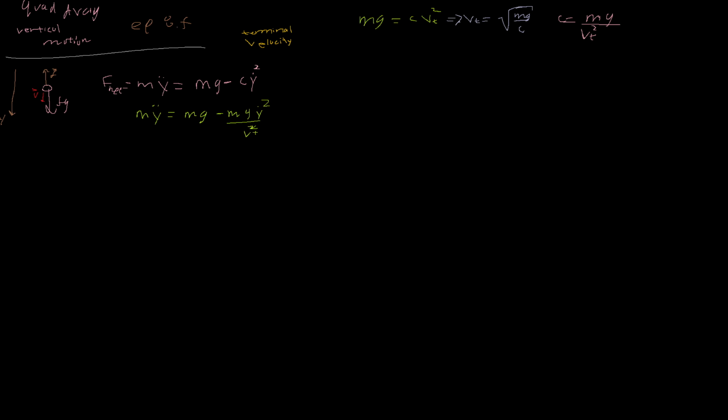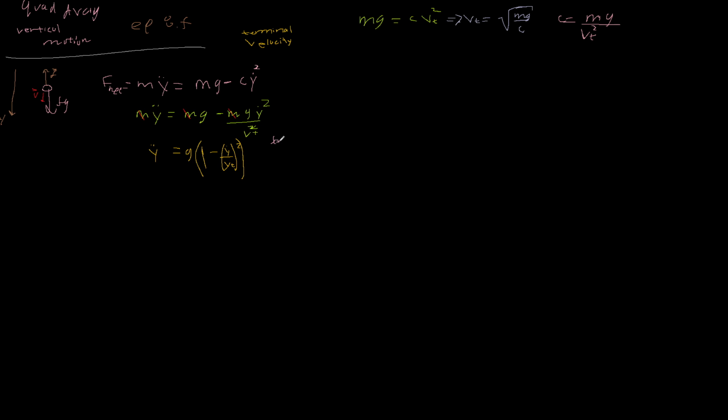So what can we do? Okay, well, we have two m's, they cancel, and we can distribute this g outside, so this becomes g times 1 minus y dot over vt squared, equals y double dot.